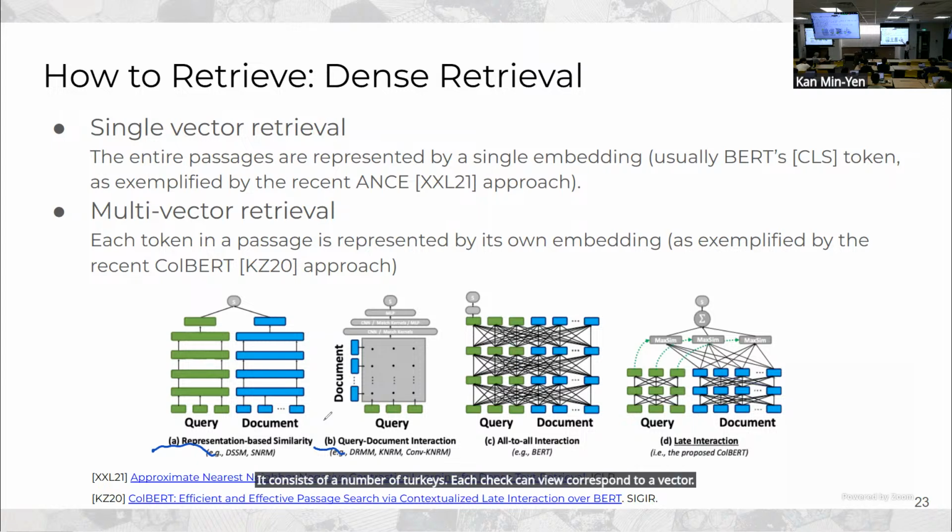For the similarity between query and document, there is an operation called MaxSim. Within the query there are multiple tokens, and within the document there are multiple tokens. The max operation will be used, and finally the sum operation gives the similarity between query and document. So these are four representative structures.